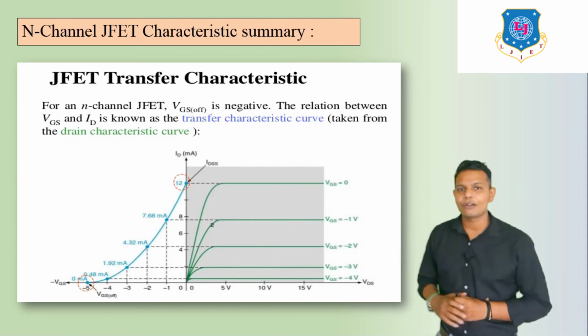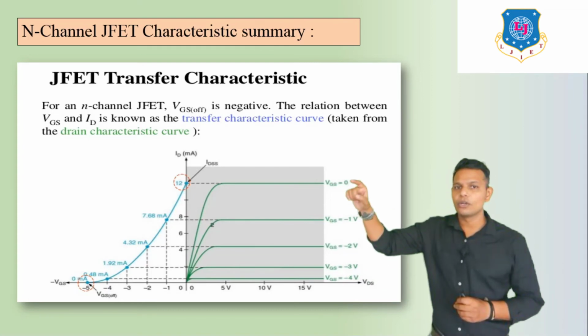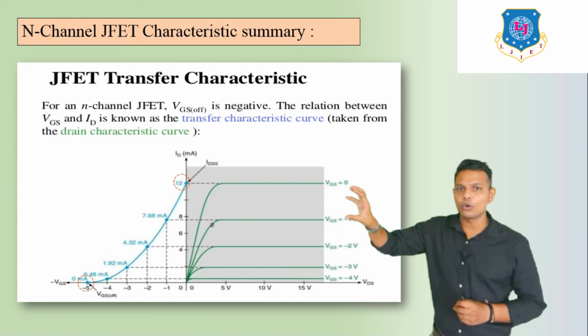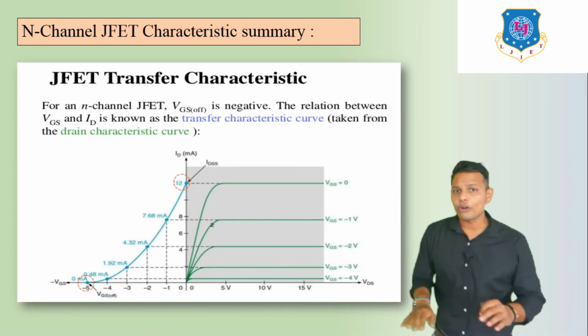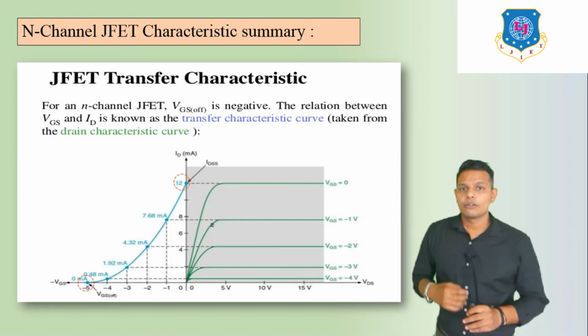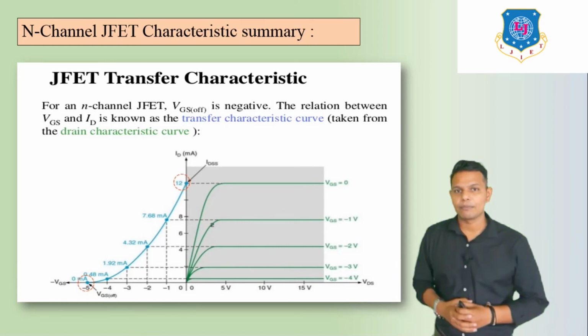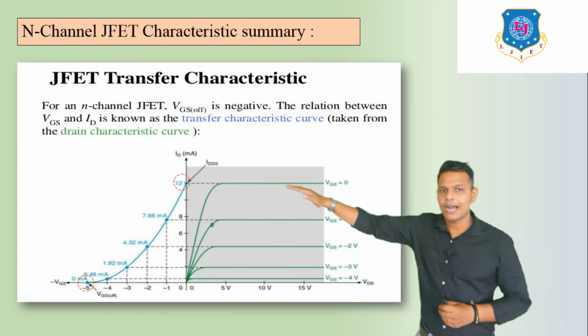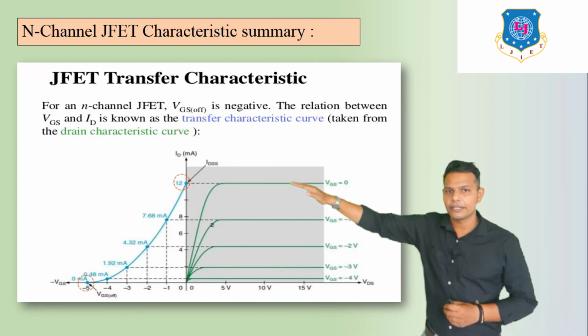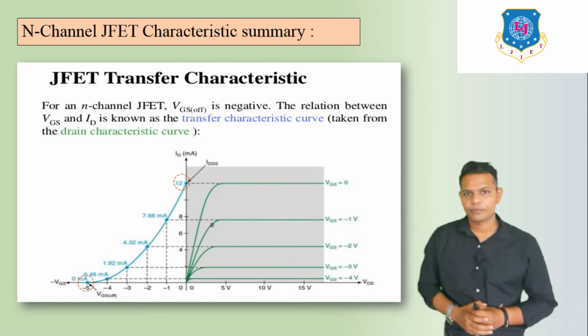Now we start with VGS equal to 0. At this time there is no depletion region, so the flow of drain current is maximum. Here we can see IDSS is 12 milliampere.